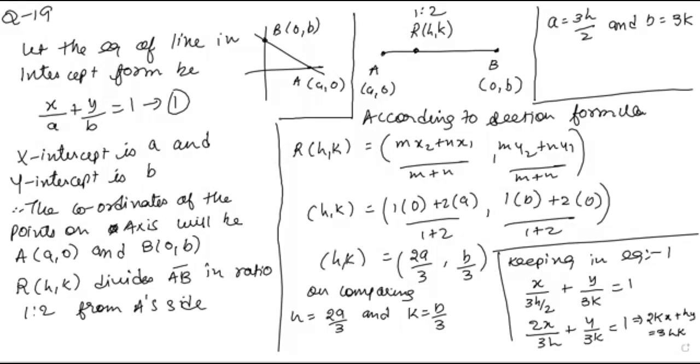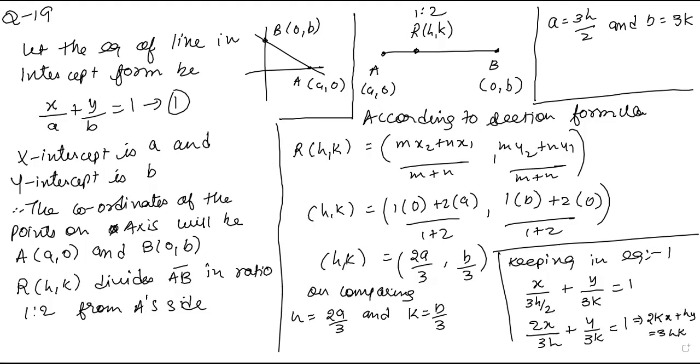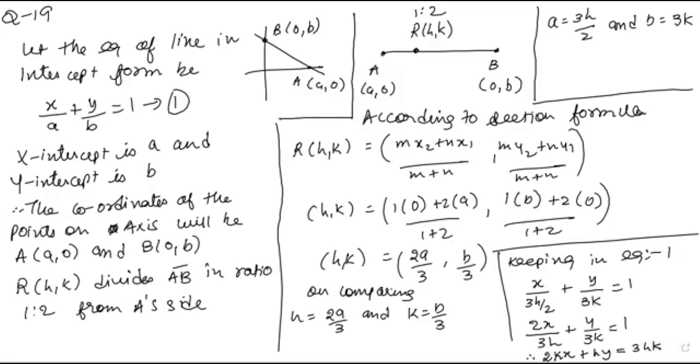Multiplying this equation by 3hk, the final equation will be, I am writing this down again, 2kx plus hy is equal to 3hk. Right, I am multiplying this equation by 3hk. I will get 2kx plus hy is equal to 3hk.